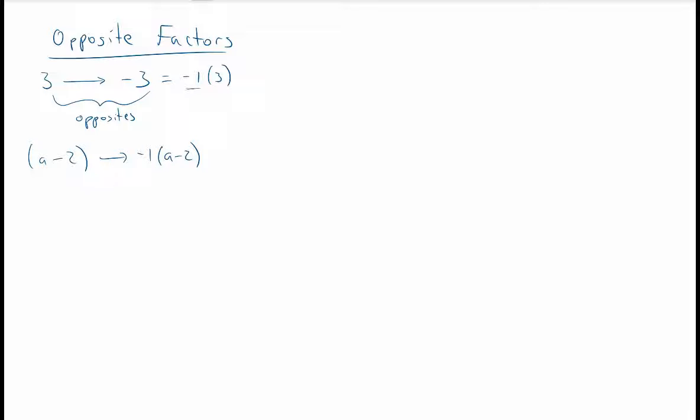Well, you notice if I distribute that, this gives me -a plus 2, which could be more easily written as 2 minus a. This means that a minus 2 has an opposite of 2 minus a. So these two expressions here are opposites.